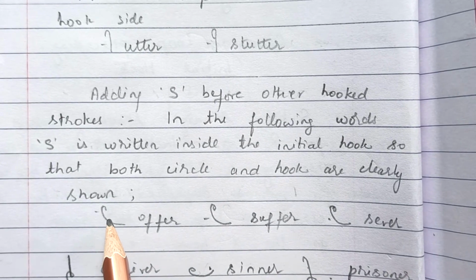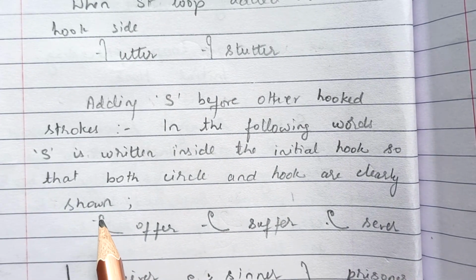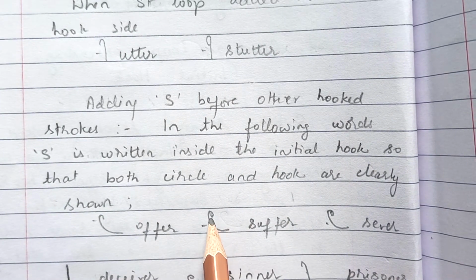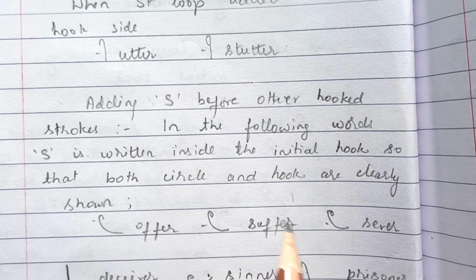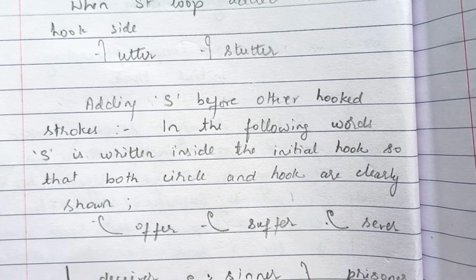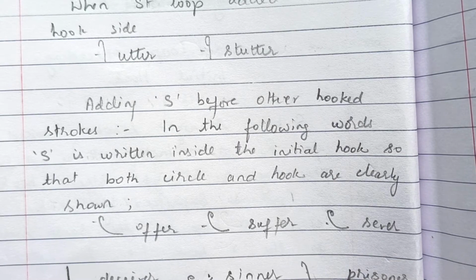So here we have a word offer. So here circle S and fur, suffer, where you can see the hook for the F consonant. Then sever, deceiver, sinner, a circle S and ner, so sinner, prisoner, pre, so hook here, prisoner.